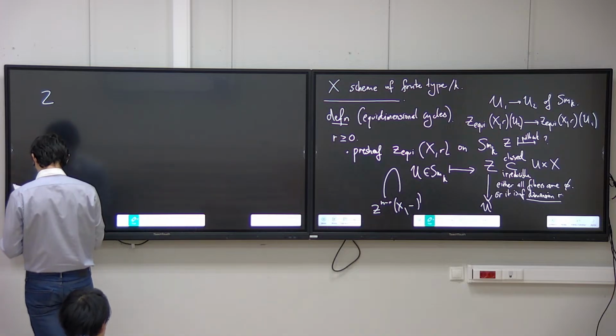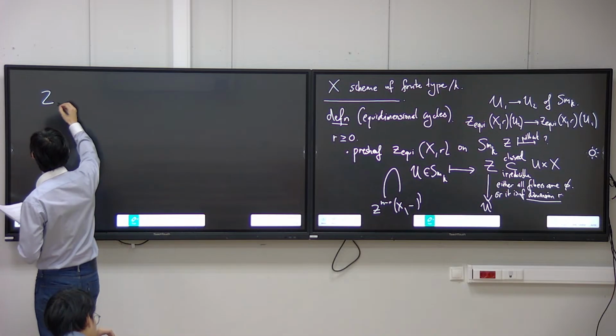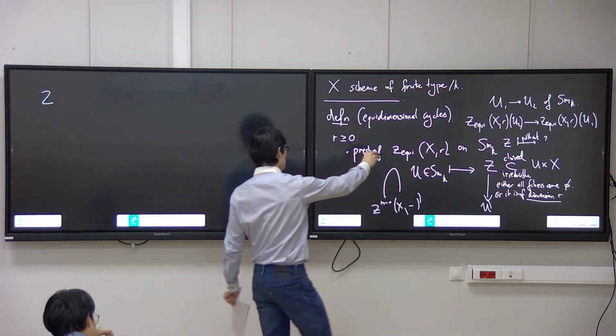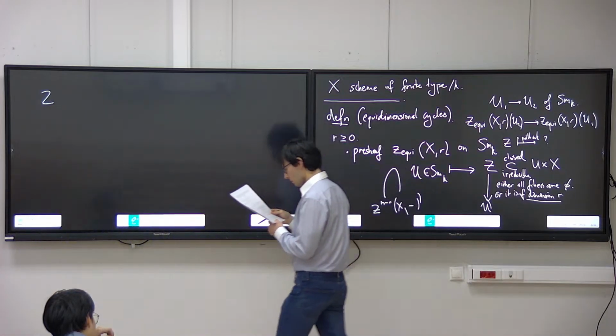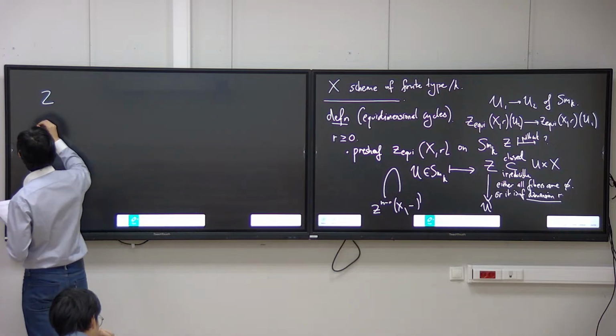Okay, let me just continue. I wanted to have a look at the case when R is 0, but I will do it in a couple of minutes. So the first thing to note is the following.